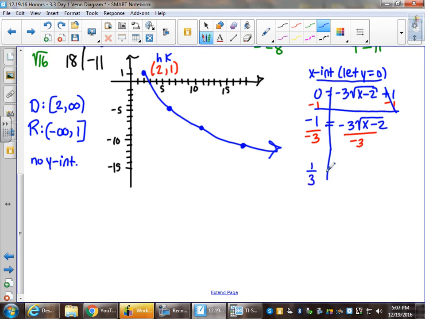Me, I kept it 1/3 for now. We will square both sides. That gets us 1/9 equals x minus 2. I would not write check here because I clearly see that that point does exist. I will add 2 to both sides.